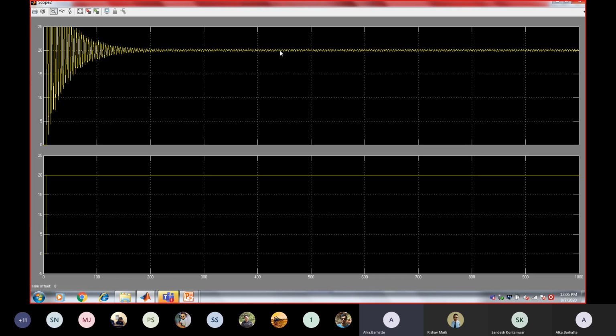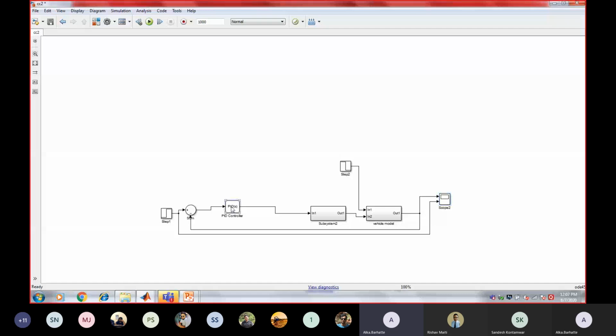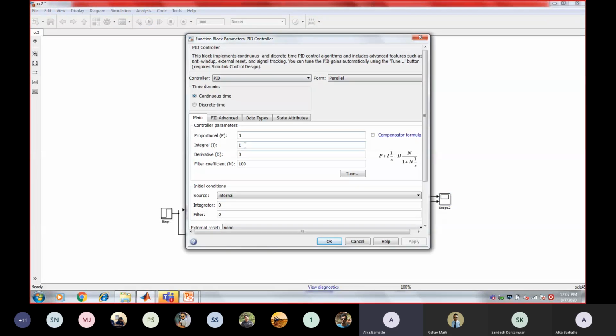It is continuously changing between two values. So we are getting continuous oscillations with the integral. We are achieving the required speed, but there exists some constant error, in the form of oscillations. So this is the effect of integral. Again, by changing the value of 1, you can check that.